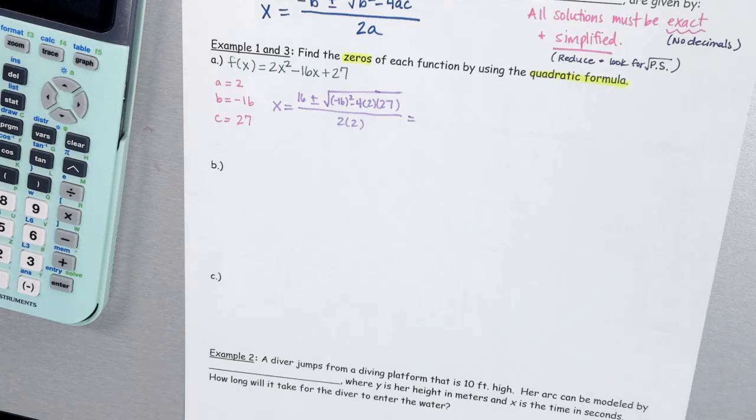And then once you get the value underneath the radical, I want you to look for a perfect square. And you can decide if you want to do that using the factor tree, or you can find the largest perfect square. You can decide.